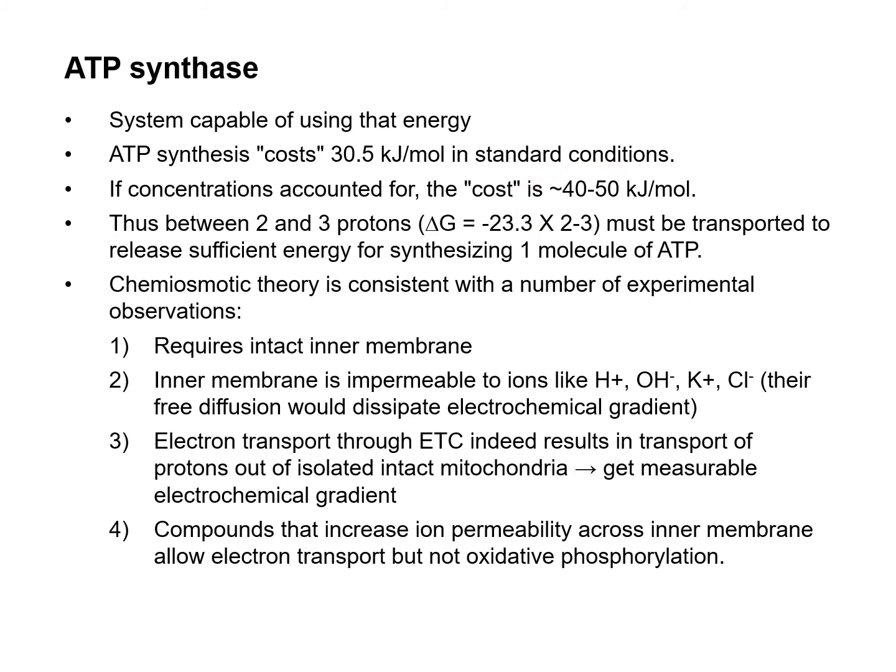And they've also treated these mitochondria with compounds that increase ion permeability across the inner membrane. That still allowed the electron transport, but the oxidative phosphorylation was inhibited, meaning they can again give clues on the mechanisms of how ATP synthase and the electron transport chain work for generating the ATP.